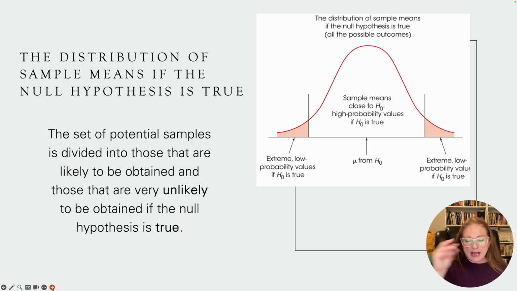If I grab a sample of 30 and their average reading rate is in the white, it's null. My treatment didn't work.